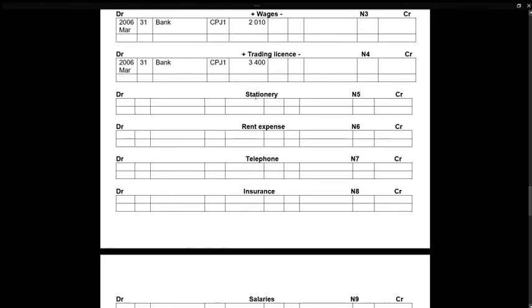Stationery, also an expense account, therefore plus, minus, 214 Rand. I got this information from my CPJ1. Details will be my bank account. I need to use the specific day. It was the 7th because it's not a total of a column.